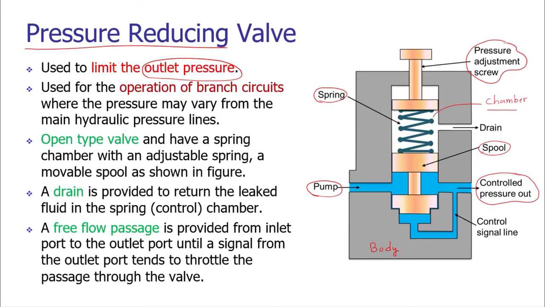So when the pressure at the outlet is more, the back pressure created is applied at the bottom side of the spool, and that back pressure will push the spool in upward direction against the spring. As the spool moves upward, the pressure at the outlet port will get relieved and reduced, and in this way we can protect the valve from getting damaged.